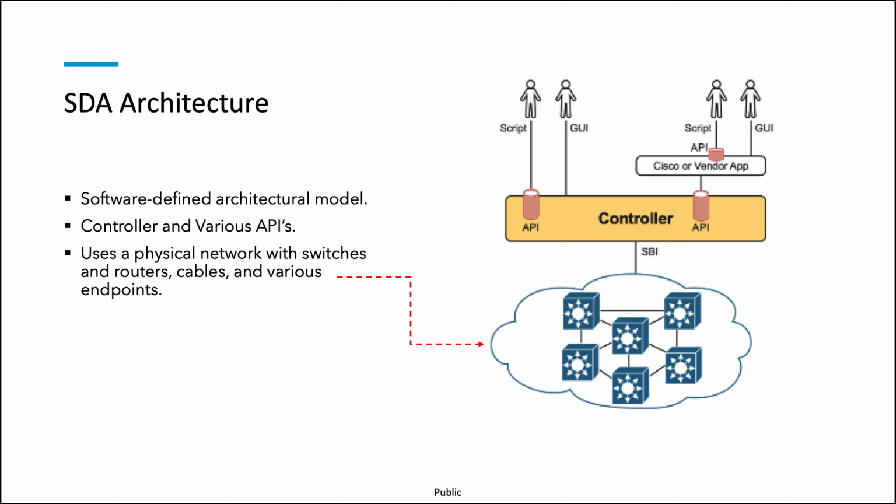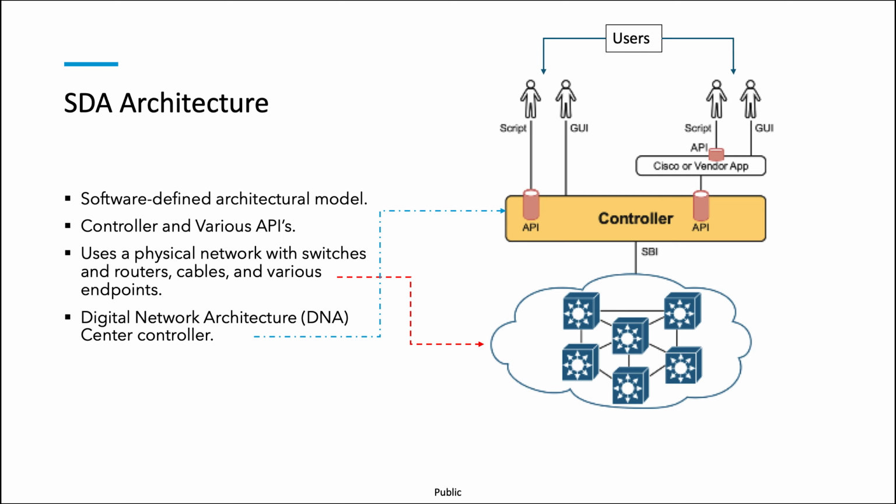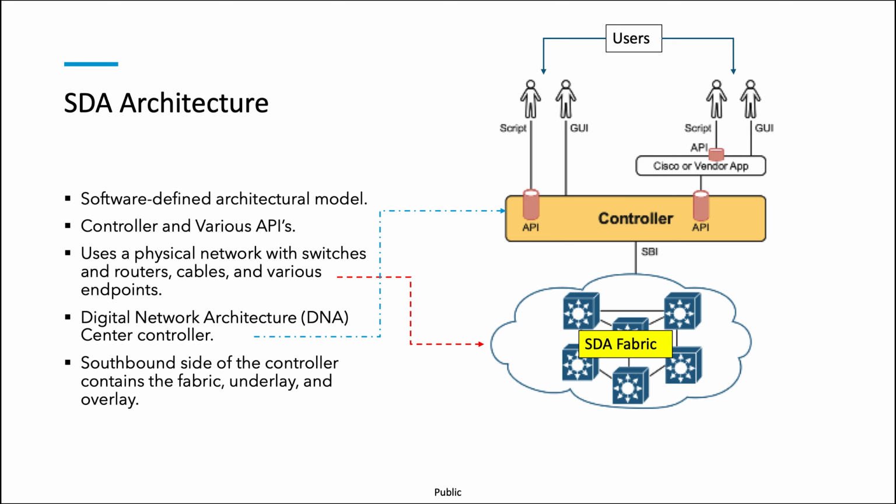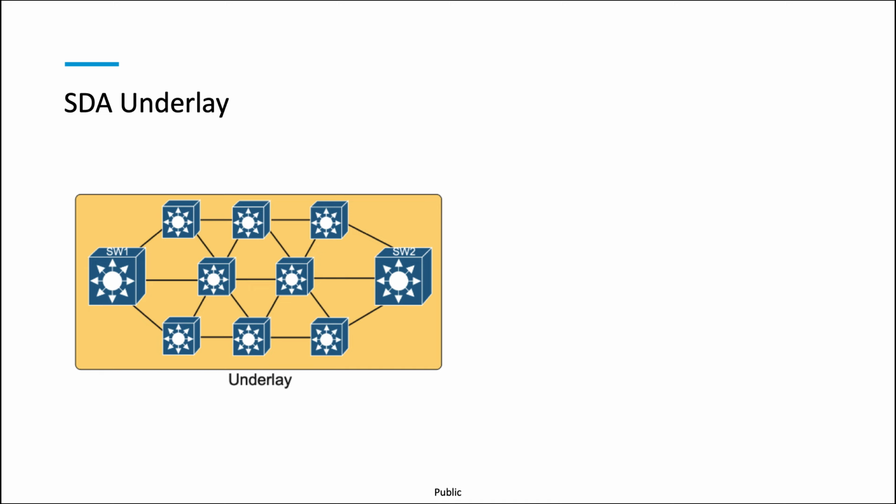At the center sits the digital network architecture or DNA center controller, which is used for SDA network, with human users making use of graphical user interface or GUI and automation using APIs. The southbound side of the controller contains the fabric, underlay and overlay. We will discuss these terms in detail, starting with SDA underlay.